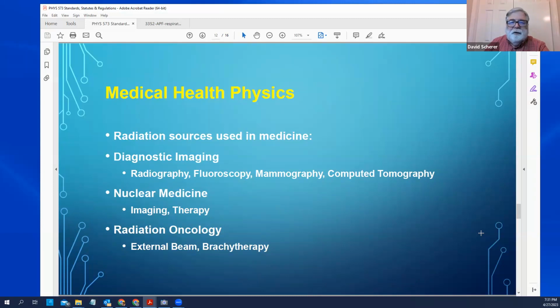These procedures involve relatively high amounts of radiation and relatively long exposures, so they can be hazardous for the patient and for the physician, because the physician is doing one after the next, and the staff that works with the physician, the technologists and nurses. So that's a big concern for medical health physics as well.